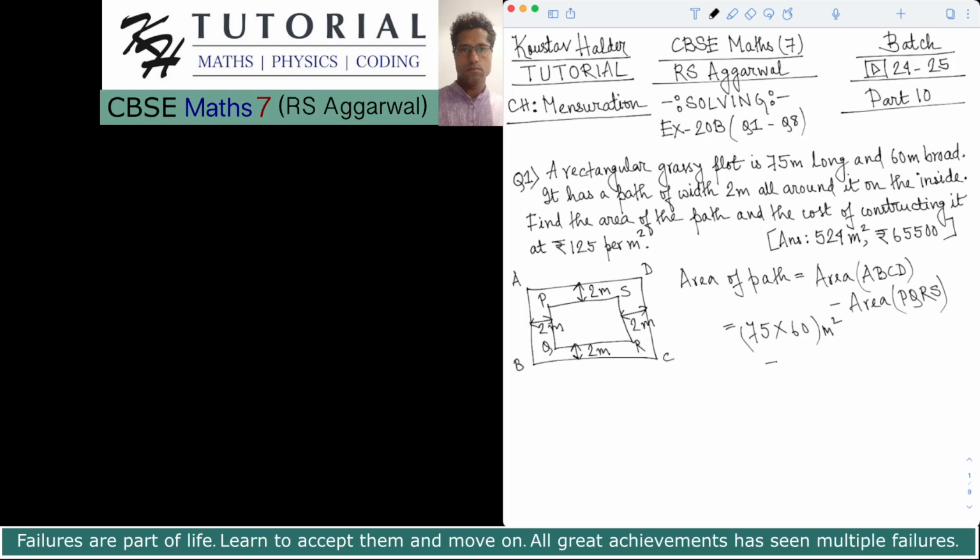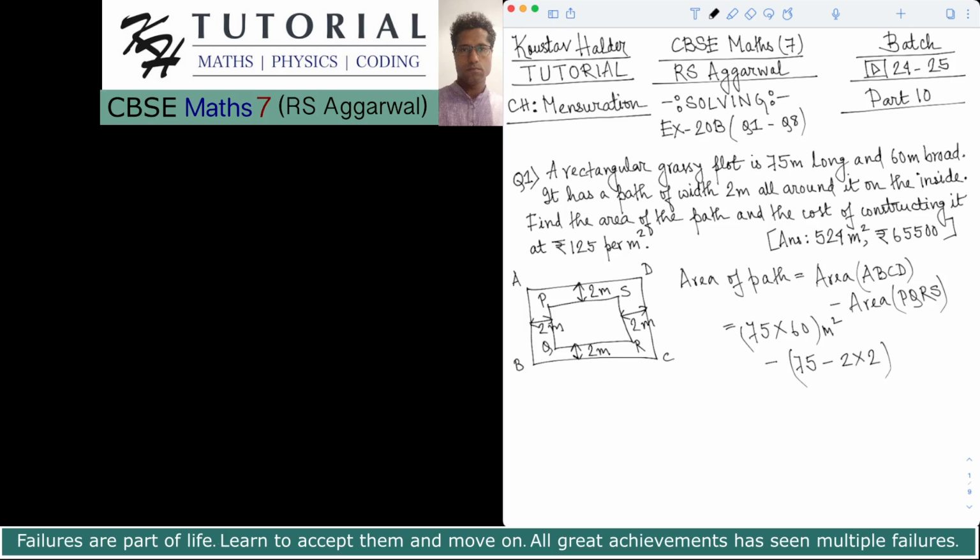And what will be the area of the rectangle PQRS? The length of the rectangle PQRS will be the length of the rectangular grassy plot minus 2 times the width of the path, which is 2.